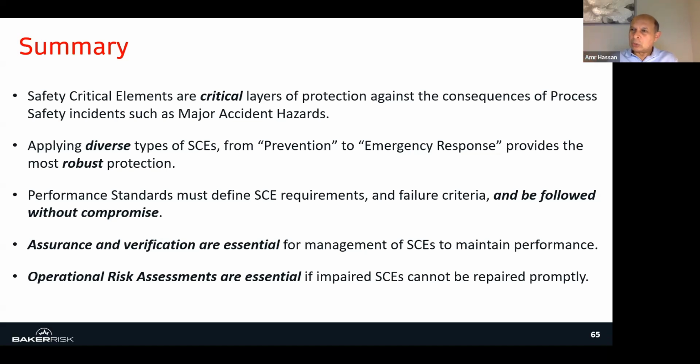Because if I put too many verification activities and you have very limited resources, simply you will not be able to comply with this expectation. So I encourage you to review the frequency of verification activity very well before having the final performance standard, in order to be able to achieve the requirement of verification activity.